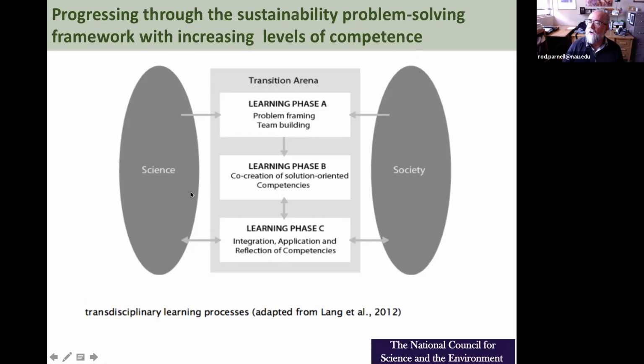through an intermediate phase, and then finally through the most sophisticated phase, where through these different learning activities, we're drawing upon both science and society in terms of understanding and working with different kinds of cultures and stakeholders, as well as drawing upon the natural and social sciences and the humanities in terms of building teams and framing problems, then looking at developing solutions, and then looking at applying those solutions.